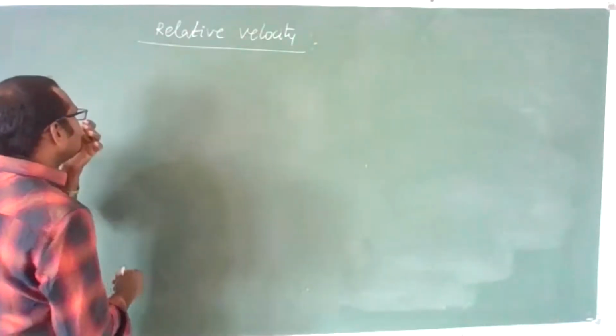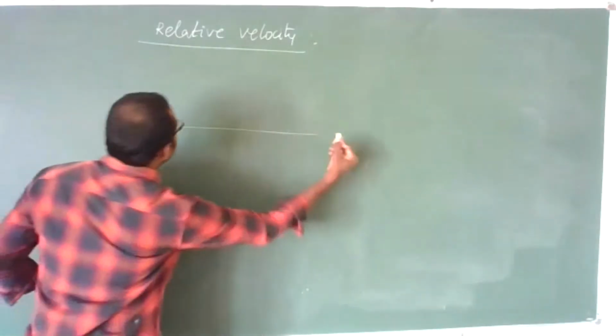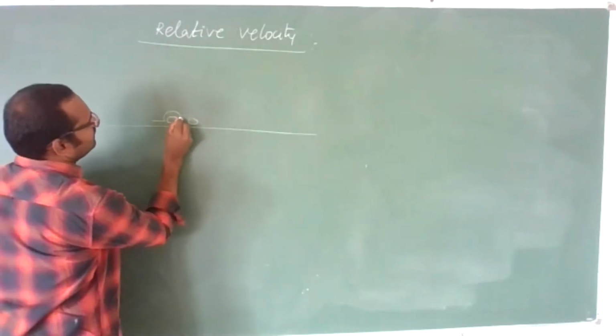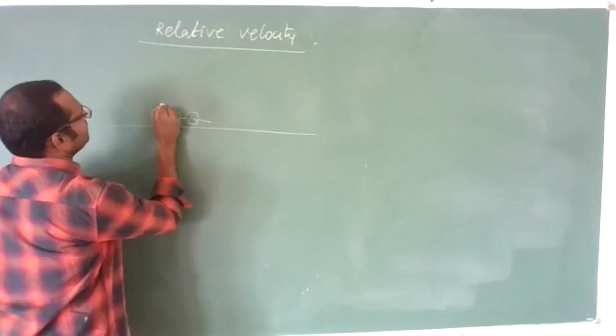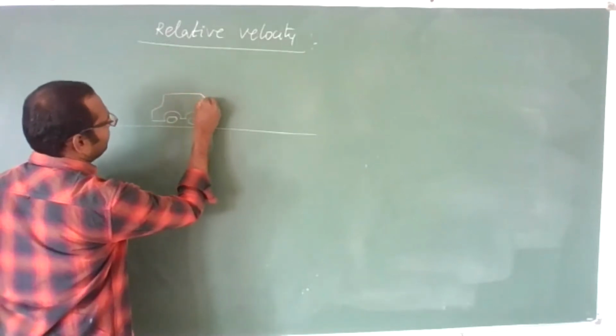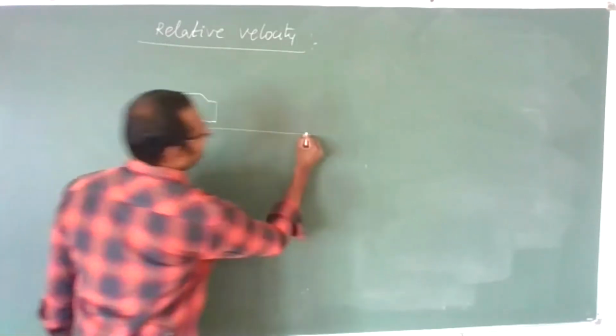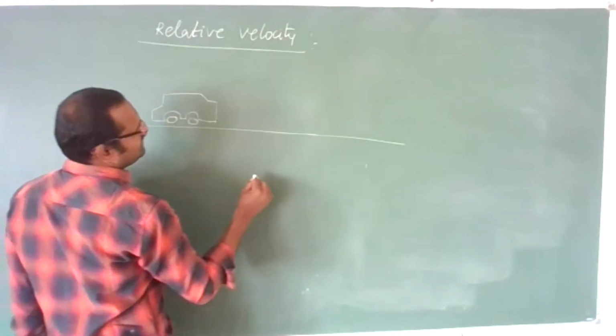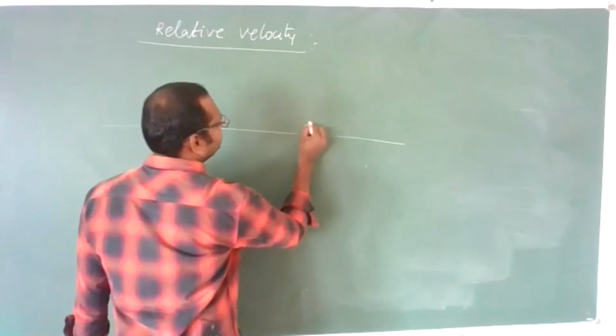Here, let us imagine there are two cars. Here this is car one, and here another car also.